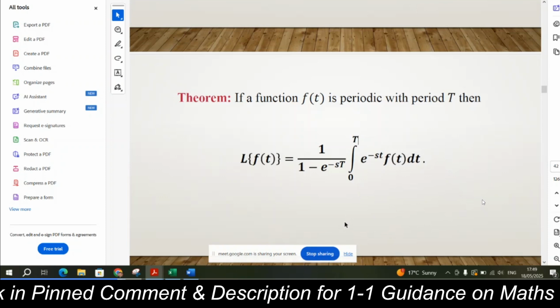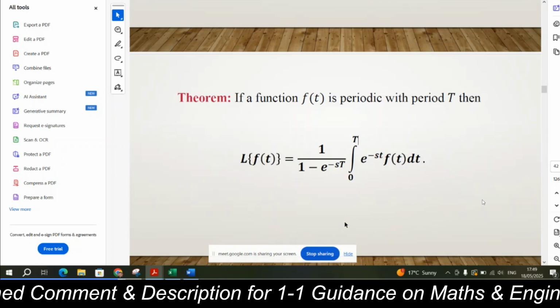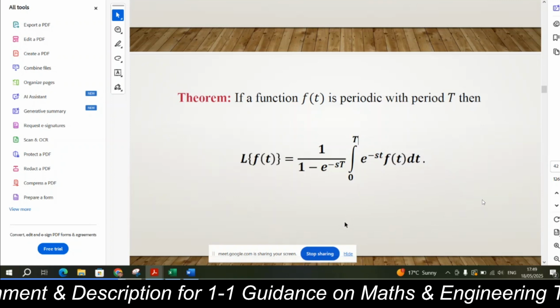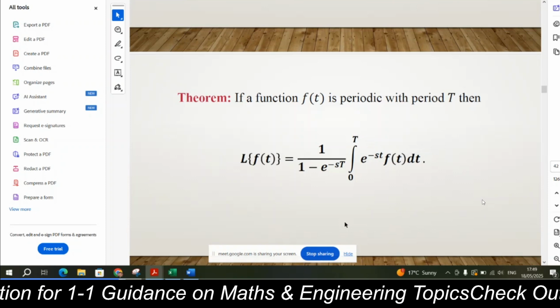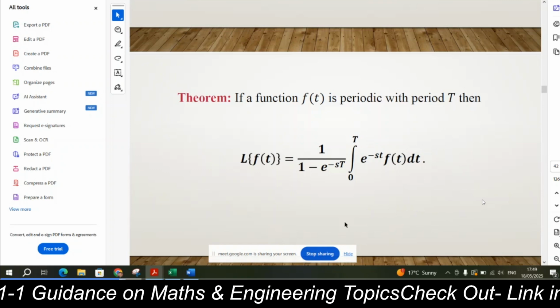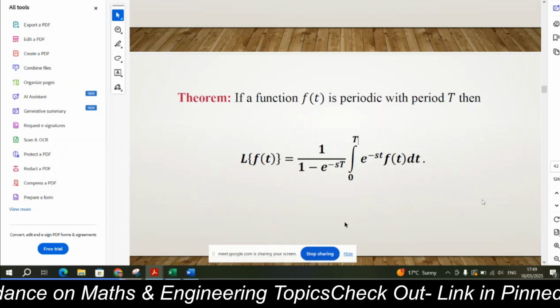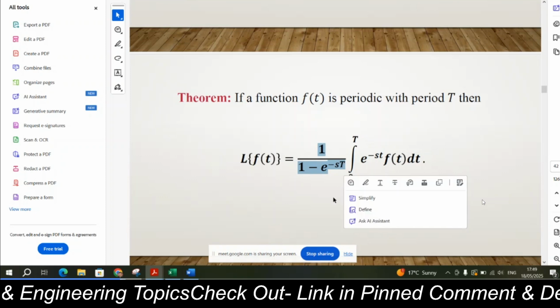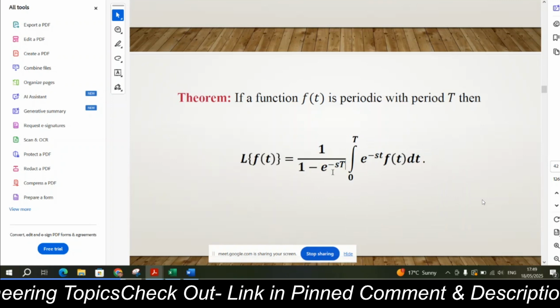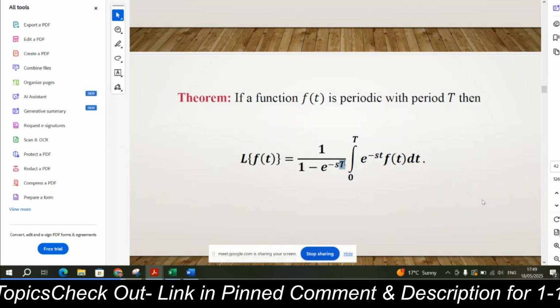The integral from 0 to T, whatever its value is, will be the same as from T to 2T, 2T to 3T, 3T to 4T. The integral value will remain the same because it is periodic. Those cycles are multiplied by something, and that multiplication is put as 1 upon 1 minus e raised to minus sT. Does that make sense?